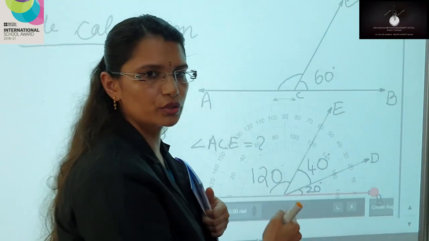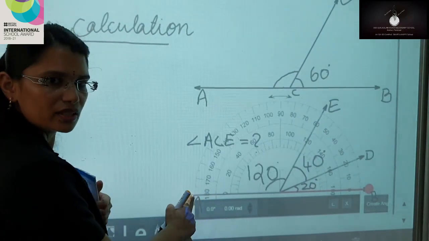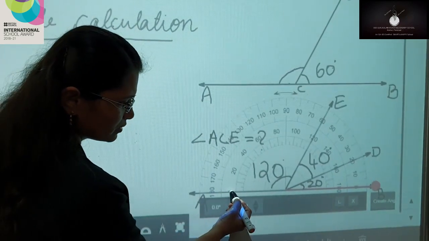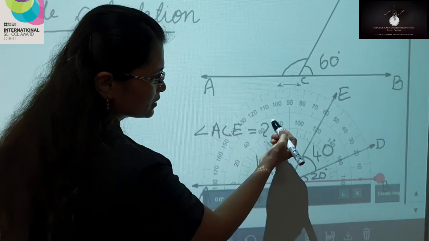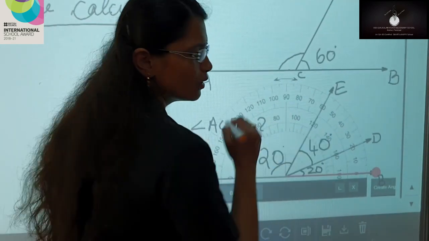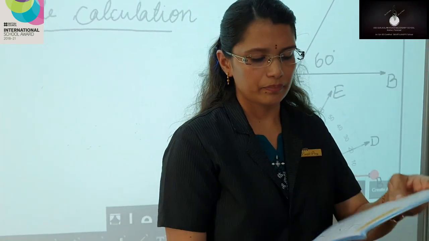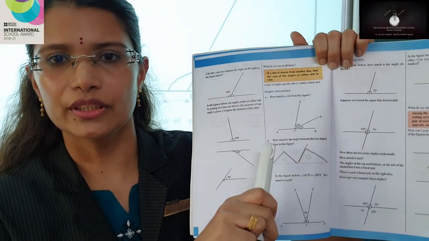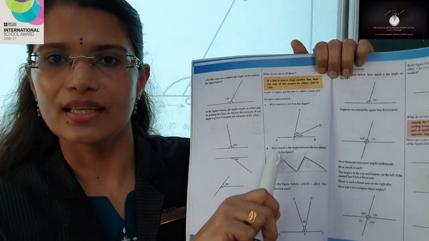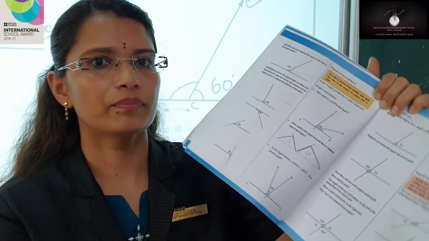So which 0 should we choose? Left side 0. So from this 0: 0, 20, 40, 60, 80, 100, 120. So the answer is 120 degree. Children, you need to do these questions as homework. Okay?